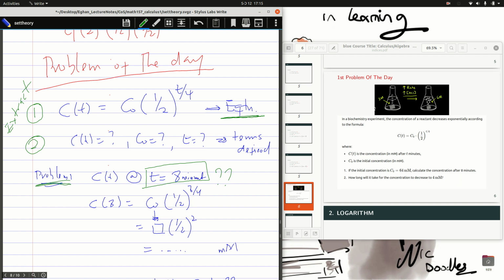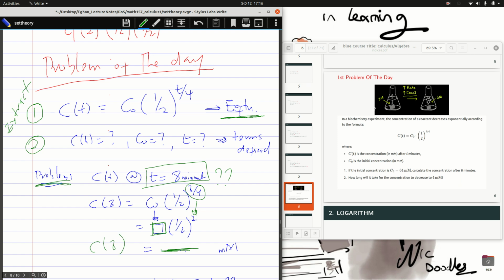You've been given C0, so you must place it here. 1 over 2, 8 over 4 gives me 2. Don't ask me why I got the 8. The 8 is what is given in the problem after 8 minutes. And so please leave your answer in the comment section for me. What's the concentration after 8 minutes?